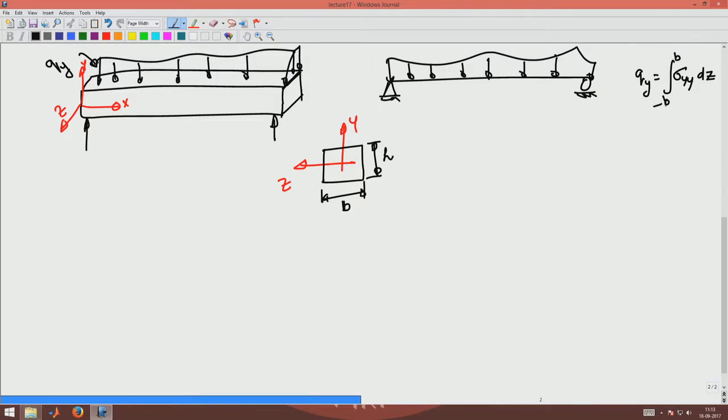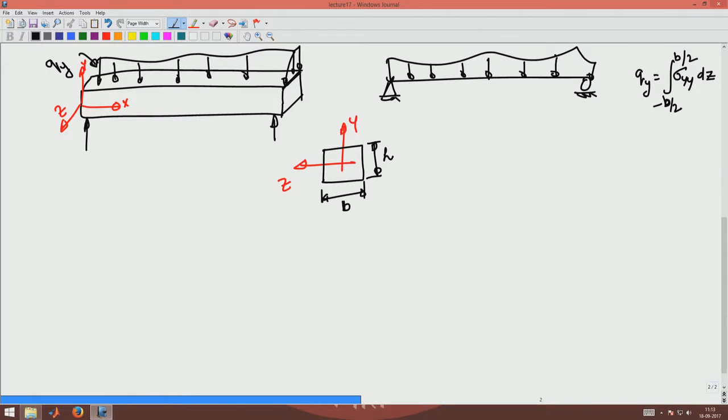This integral will be from minus b by 2 to b by 2 in this case, because I assume the origin to be at the centroid of the cross section. So, this will be minus b by 2 to b by 2. We will see all this in much more detail shortly.